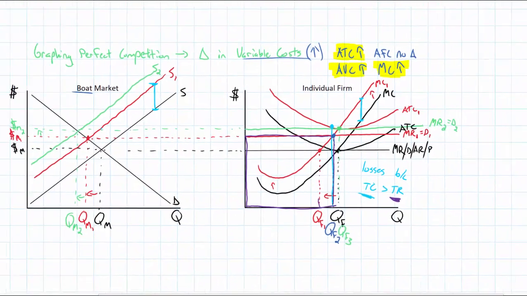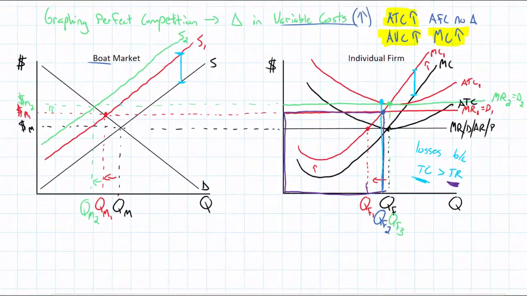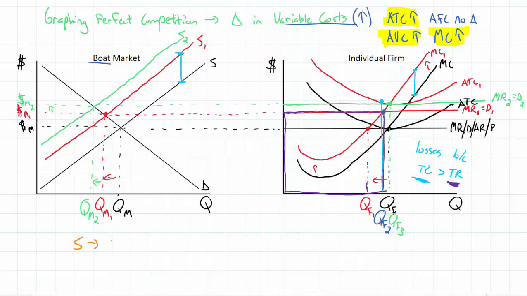But just to back up for a second, I want to make sure that this part is clear. What happened was when we went from S to S1, that was because of a change in variable costs. But when we went from S1 to S2, when the supply fell again, that was because firms exited the industry.